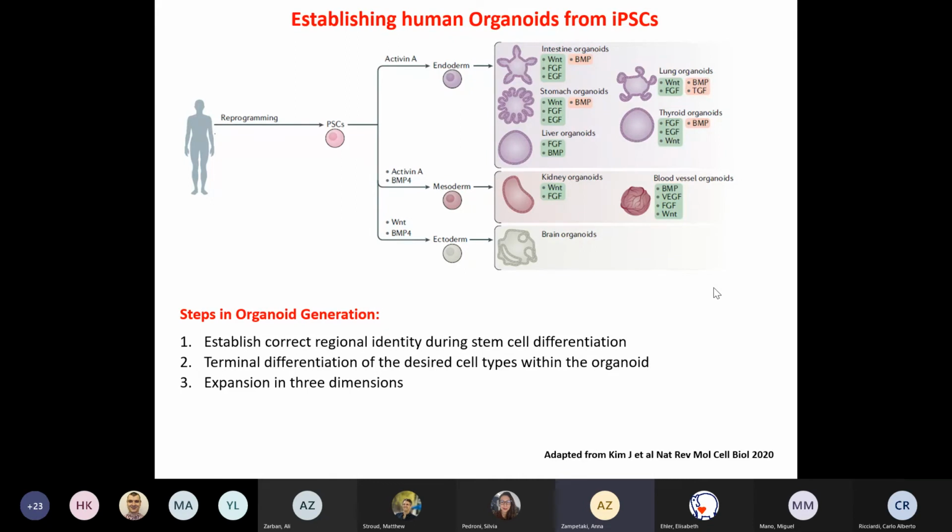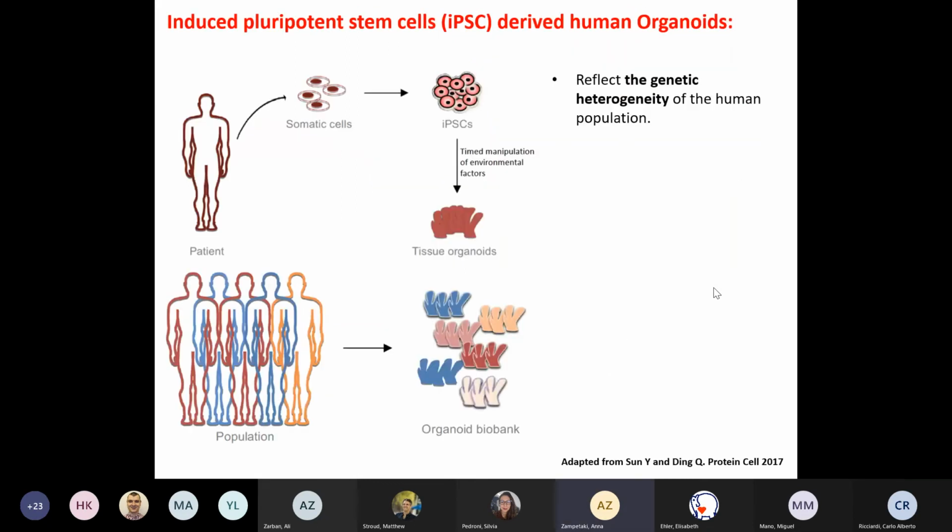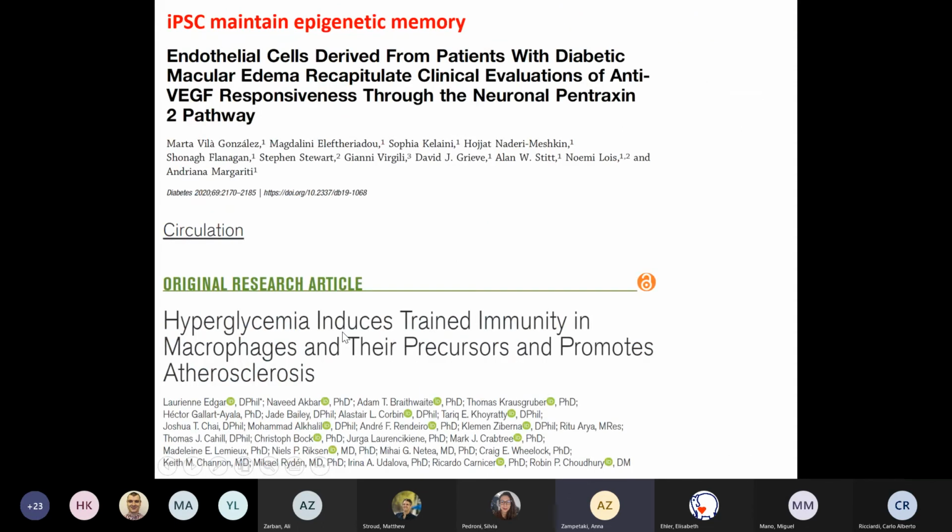And finally, you provide a 3D scaffold so that your cells can expand and form tissue structures in a 3D form. Now, the great advantage of induced pluripotent stem cells is the fact that they can reflect the genetic heterogeneity that exists in the human population. But apart from that, they also have an additional benefit, and that is that they maintain epigenetic memory.